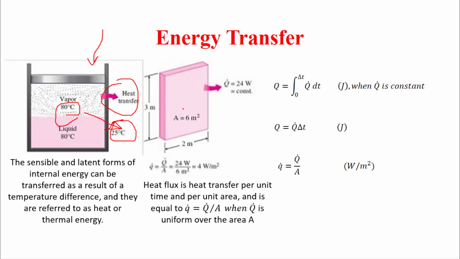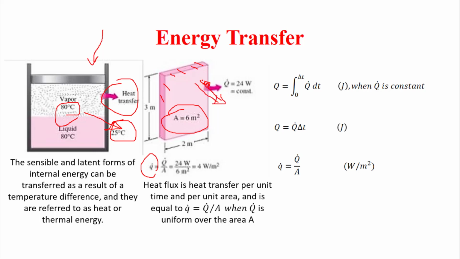Here is another example. We have a plane wall with a certain area. So we can calculate the heat flux, the rate of heat per area, by dividing Q dot by area. Area is 2 multiplied by 3, and remember that we usually take the area perpendicular to Q, as it transfers in this direction.